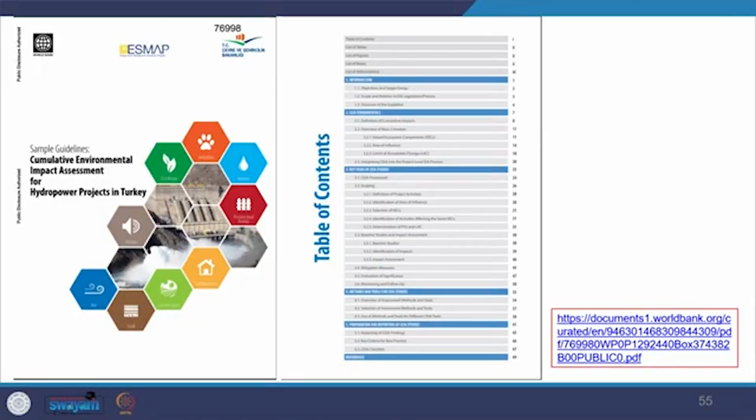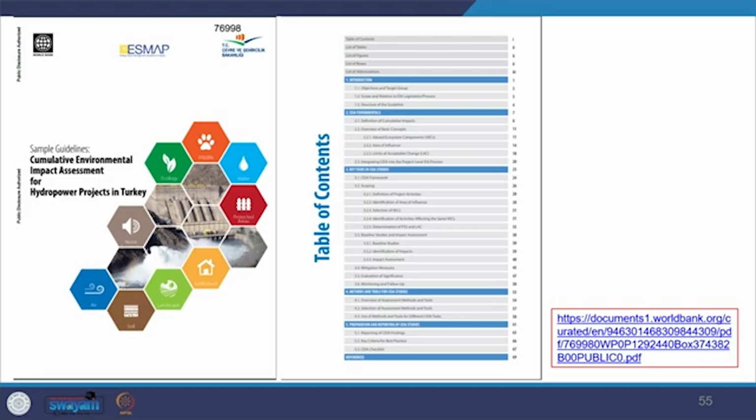Then you also find sample guidelines on cumulative environmental impact assessment for hydropower projects, and this is from the context of Turkey. This guideline was developed by the World Bank, and I've also given you the link here.